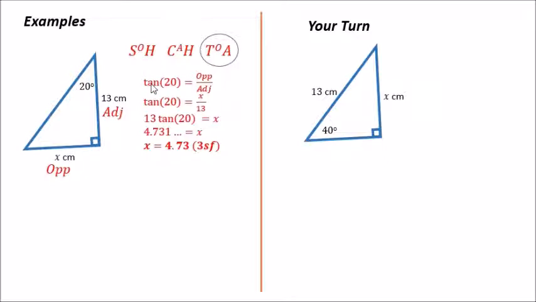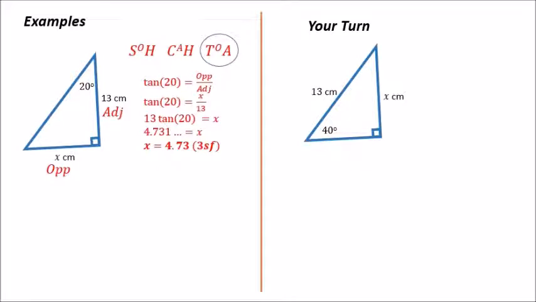So we have tan 20 is equal to x over 13 when we replace the opposite and the adjacent with x and 13. We can then multiply both sides of our equation by 13. Now, when you multiply trigonometry, sine, cos or tan, by a number, standard practice is to put that number in front of the sine, cos or tan and not worry about the multiplication sign between them.